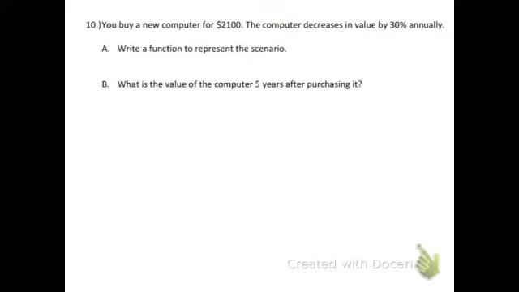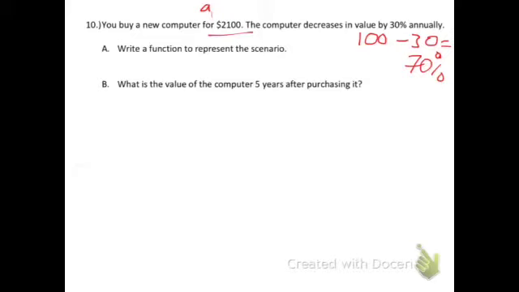And then I'm just going to finish it up because we just got the last one. Buy a new computer at 21,000, so that's a sub 1. And then it decreases its value by 30% annually. So if you're trying to do a decrease of 30%, again, start with 100%, subtract the 30. That's a total of 70%. So every year you're timesing it by 70%.